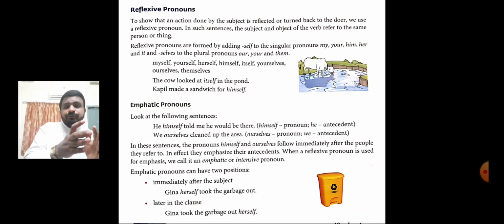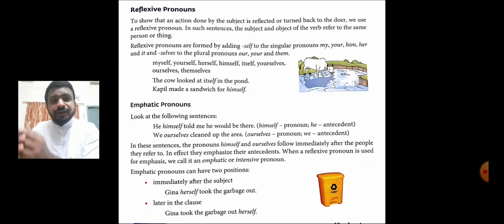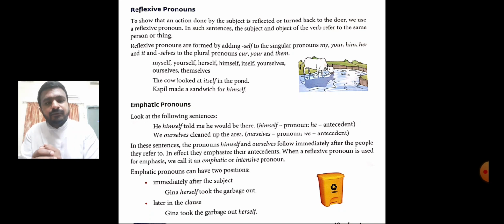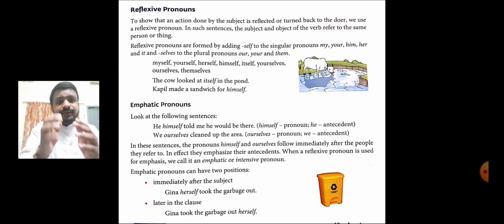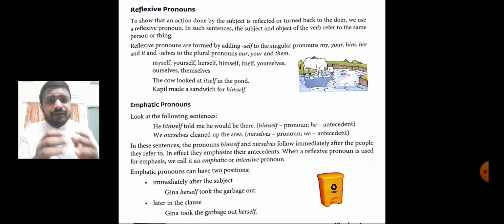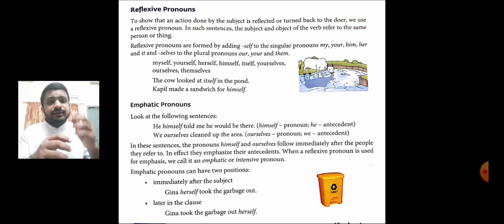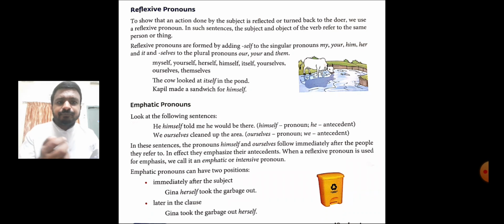That himself is referring back to he, or ourselves is referring back to we. So we can say that he is the antecedent in the first sentence and we is the antecedent in the second sentence. Himself is the pronoun in the first sentence and ourselves is the pronoun in the second sentence. So they are called the emphatic pronoun.